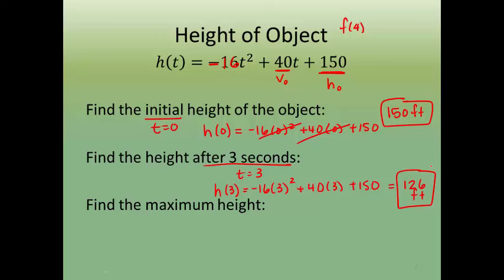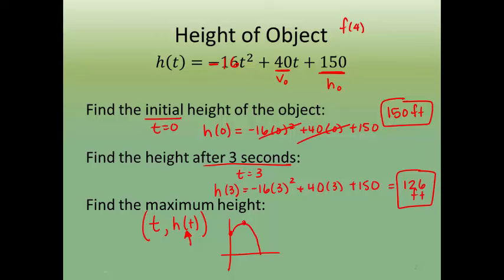Okay, what is the maximum height? The height, and this is important, time is the x and h of t is the y. So I want to know what is the y value at which this is its highest. If you picture what's happening, this object starts at 150 feet above the ground and it goes up and it comes down.